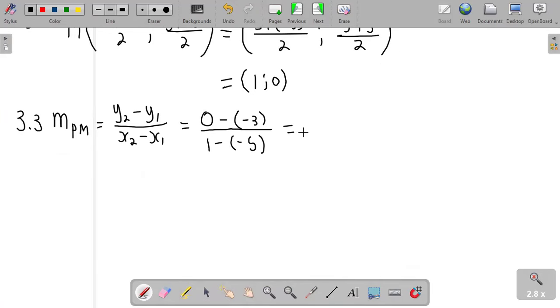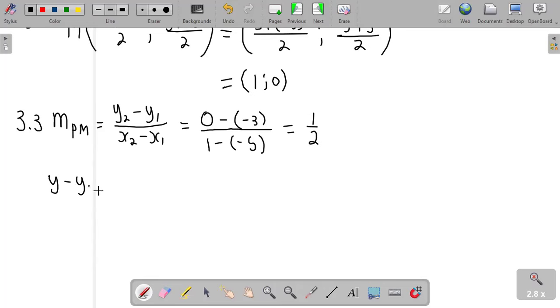And then you use a calculator. It gives me a half.